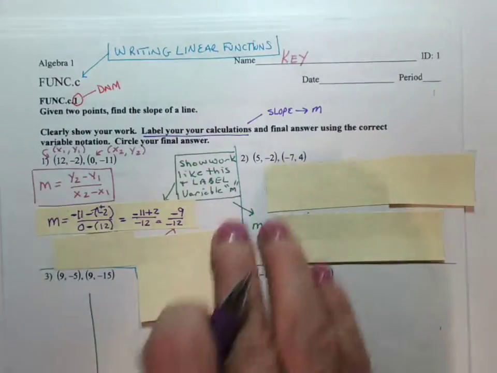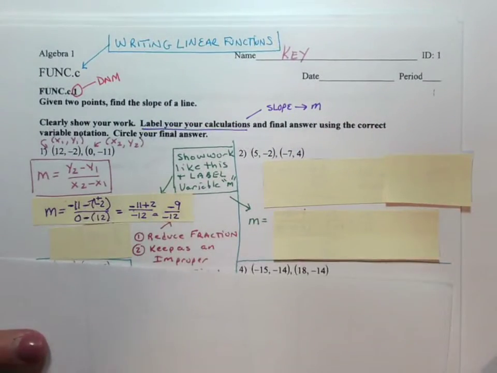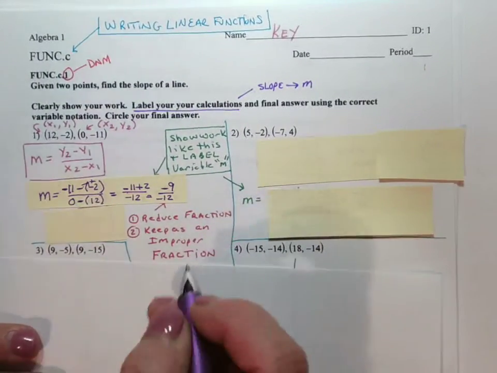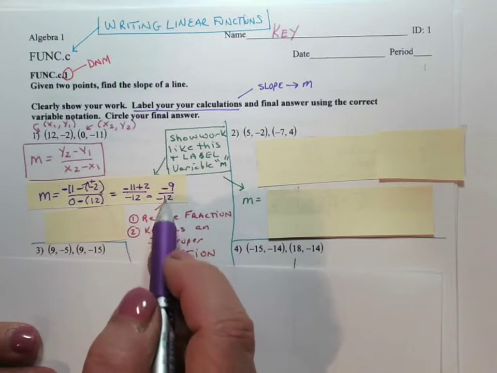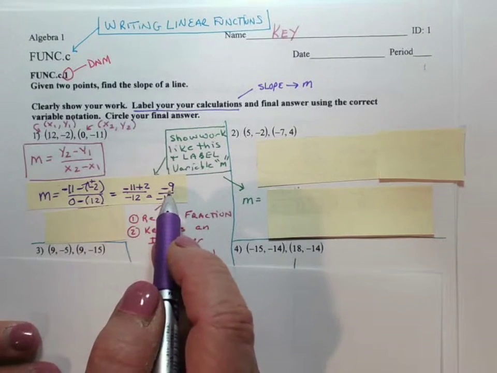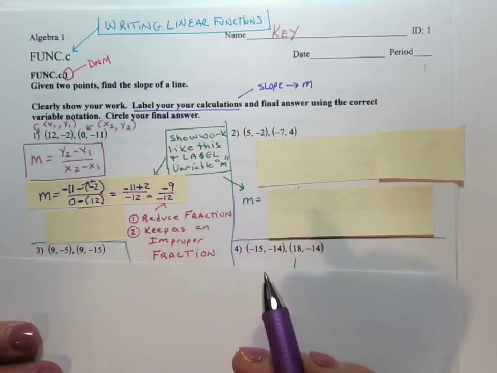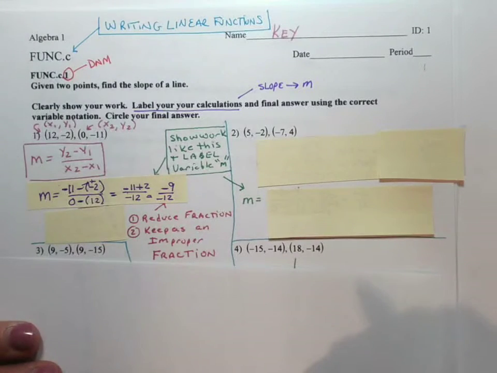Now, slope is the ratio, and it is telling you the steepness of a line. So you have to reduce this fraction, and you keep it as an improper fraction.